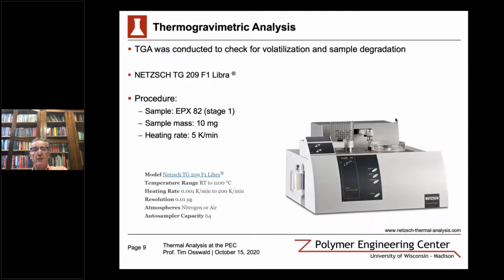So to do the thermogravimetric analysis, we used NETZSCH's TG 209 Libra machine. We took a sample from stage 1, so after the UV curing reaction. The sample size was 10 milligrams, and we used a heating rate of 5 degrees Kelvin per minute, and you have some information underneath there that you can see.